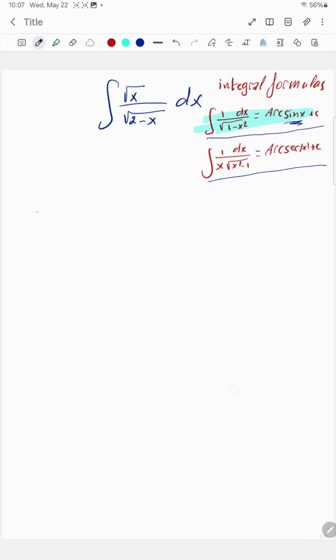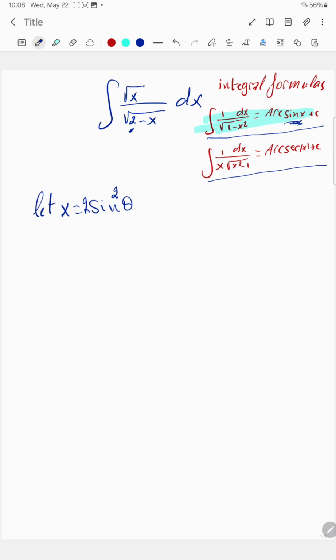So let x equal sine of theta. If I take this, I would see that in my denominator I have square root of 2 minus sine of theta. But I need 1 minus x squared. Because I have x squared, to make the 2 into 1, I have to factor out the 2.